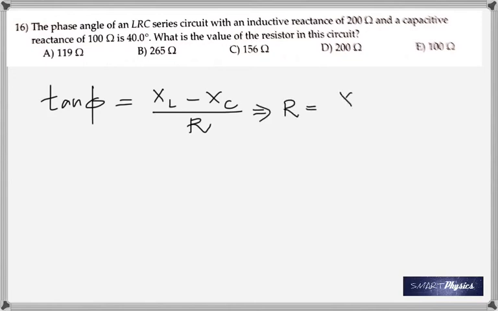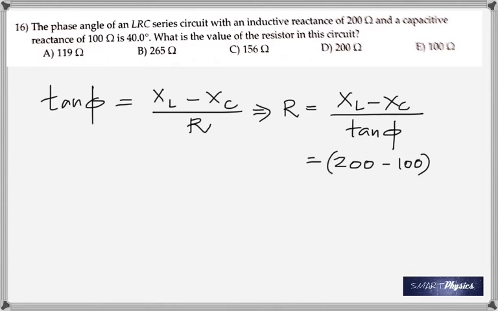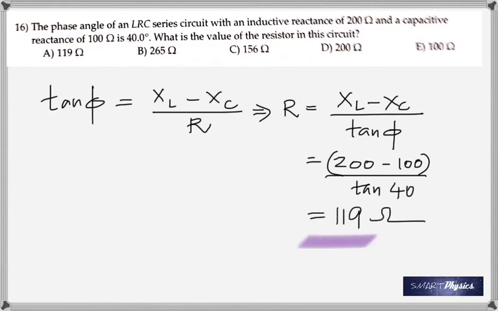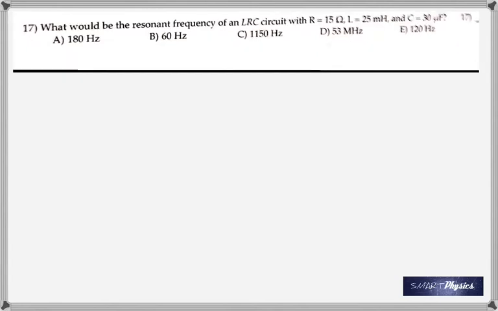And therefore the resistance is XL minus XC divided by tan phi. 200 minus 100 divided by tan of 40 degrees. That gives 119 ohms.